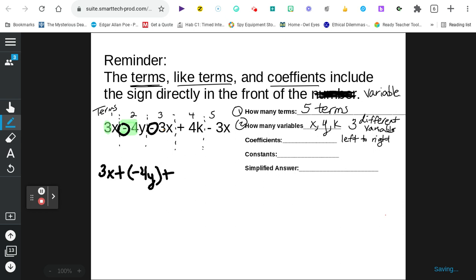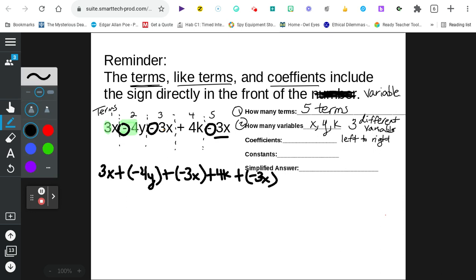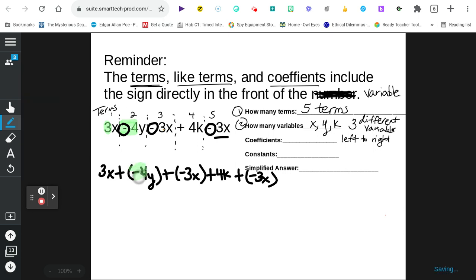Minus would go to plus, and 3x would go to -3x. Plus 4k would stay. So basically, the coefficient for the y term, that second term, is -4.